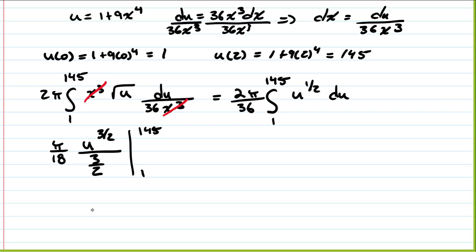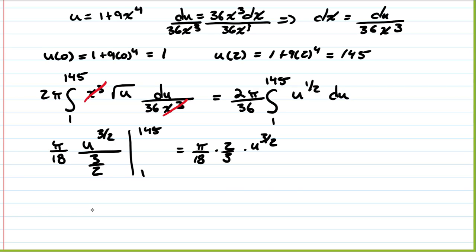Dividing by 3/2 is the same as multiplying by the reciprocal, 2/3. So this is pi over 18 times 2/3 times u to the 3/2.